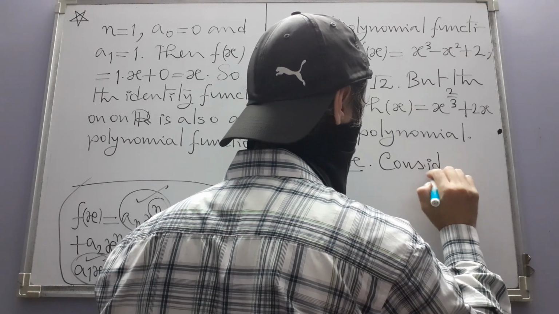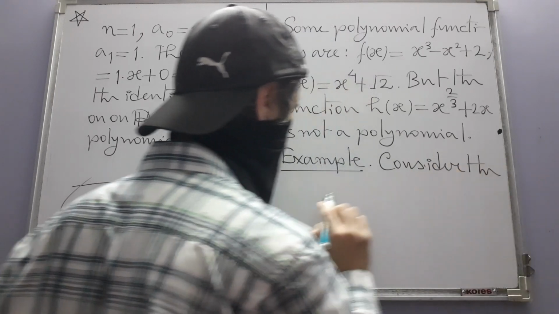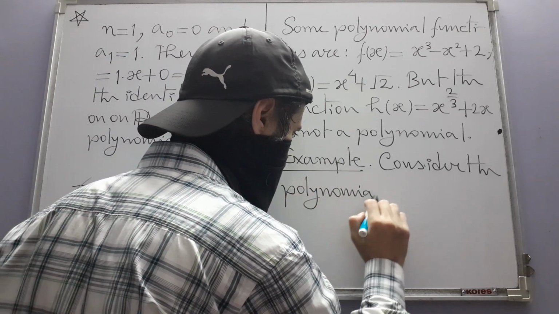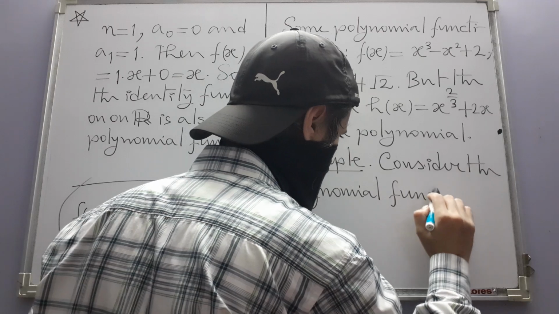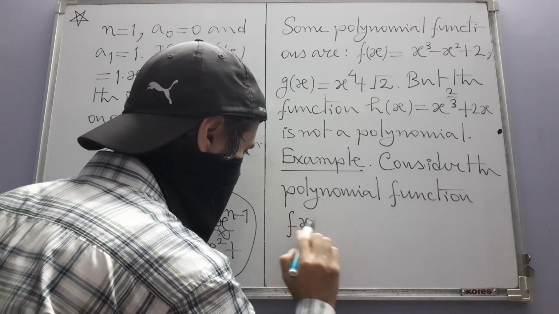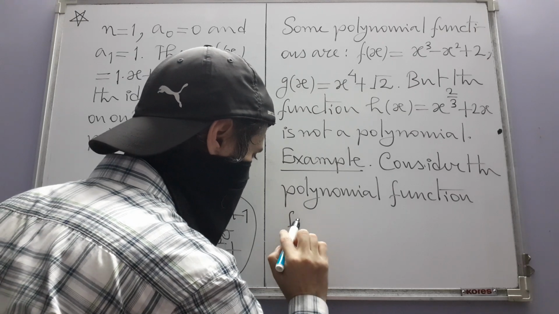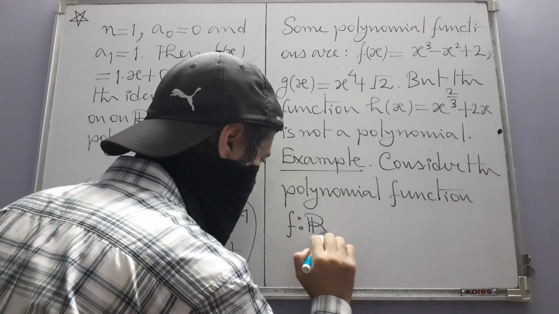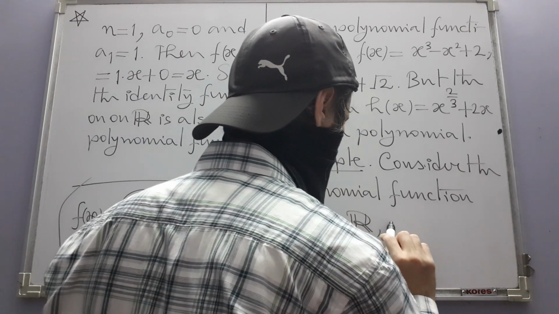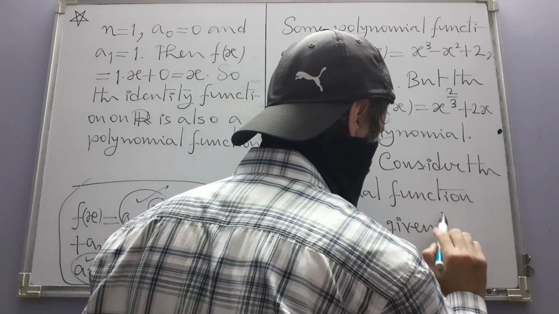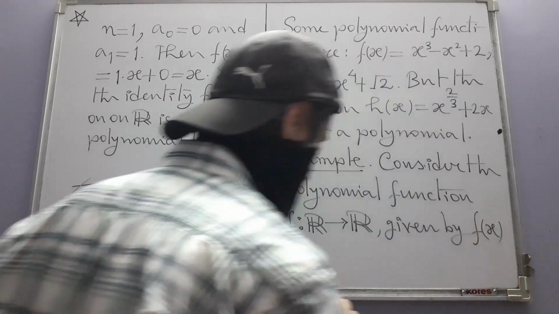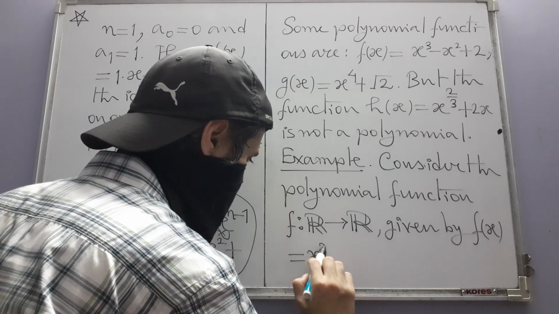Consider the polynomial function f from R to R given by f of x equal to x squared.